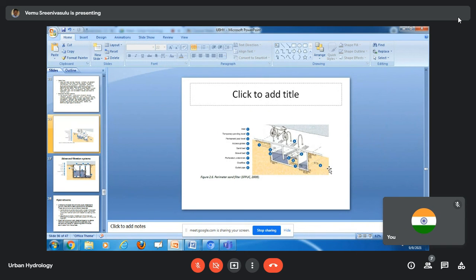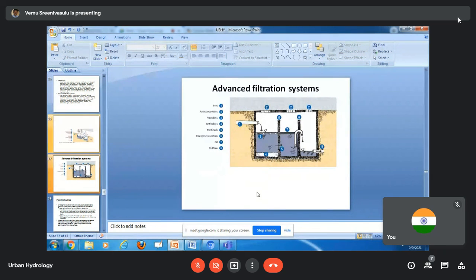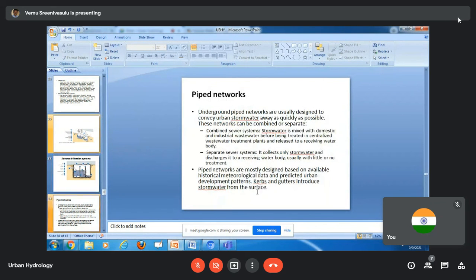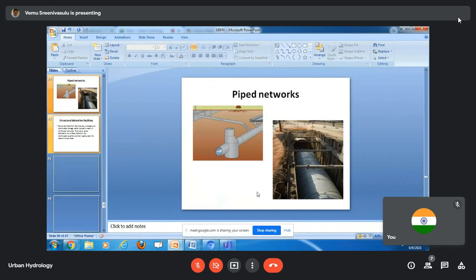From there it will be disposed. So after monsoon, this sediment will be removed from this chamber. Okay, such type of arrangements can be made. Okay, so this is also an advanced filter system. Okay, this is how your pipe network will be in a drainage system.